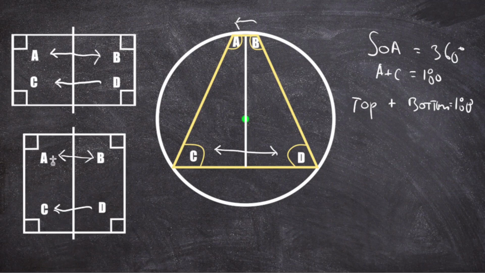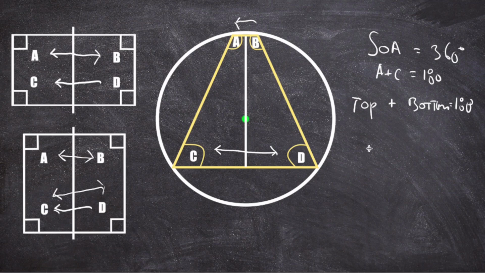For example, in the square, the sum of this top angle and this bottom angle equals 180 degrees, that's A plus C, but the sum of this top and this bottom must be 180 degrees because this bottom here, D, is exactly the same value as C. So the sum of any top and any bottom angle is 180 degrees.